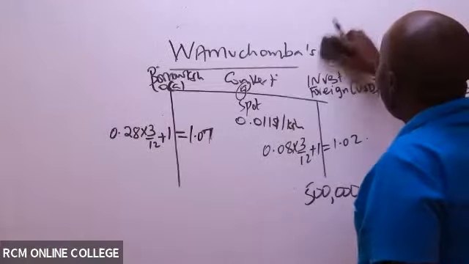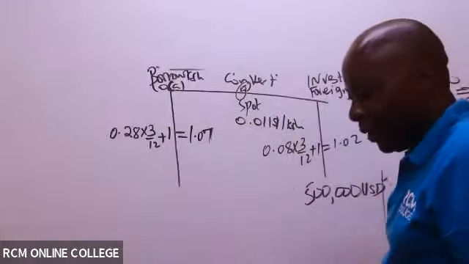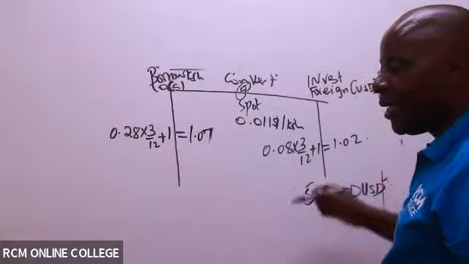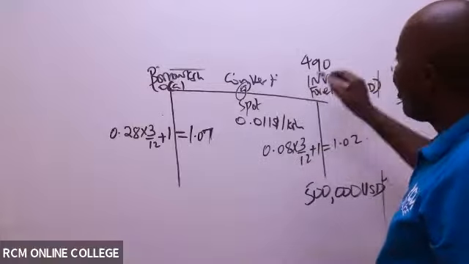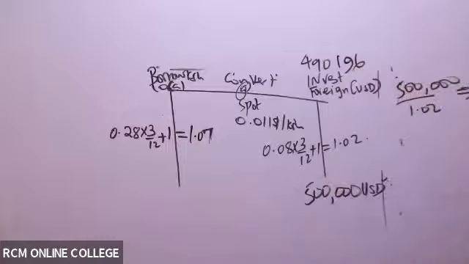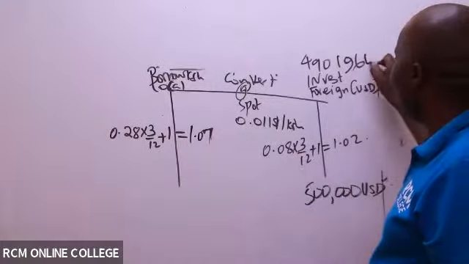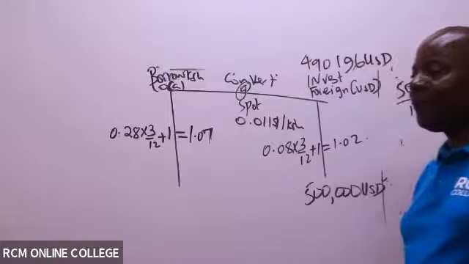How much are we getting there, somebody? 490,196. Thank you very much. She's telling me we shall write the currency, US dollars.